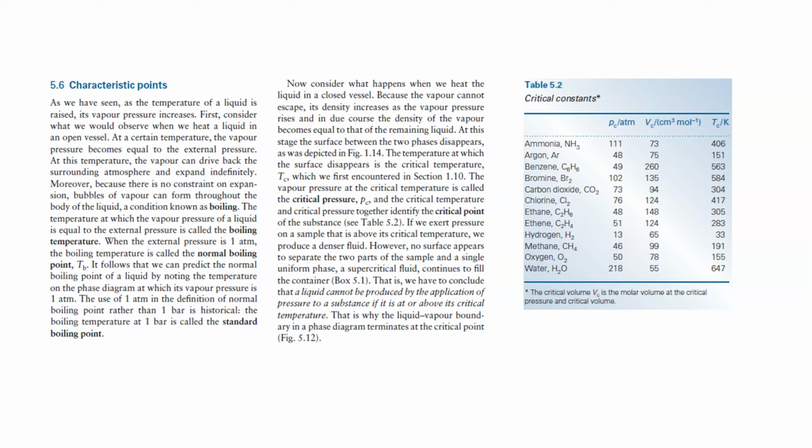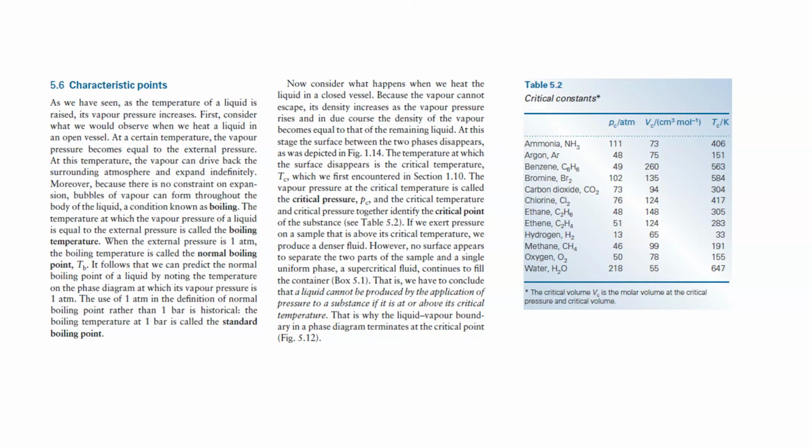Moreover, because there's no constraint on expansion, bubbles of vapor can form throughout the body of the liquid, a condition known as boiling. The temperature at which the vapor pressure of a liquid is equal to the external pressure is called the boiling temperature. When the external pressure is 1 atmosphere, the boiling temperature is called the normal boiling point, or T sub B.